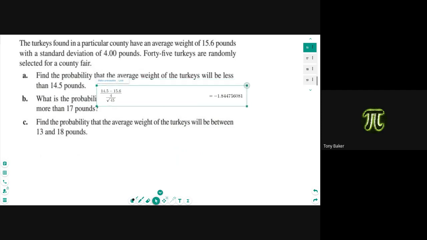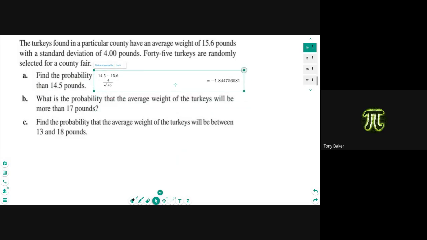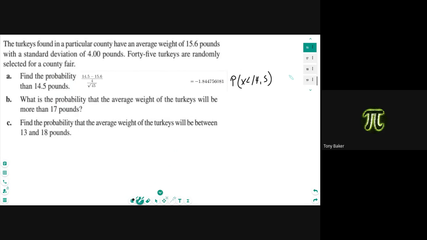Oh, was it greater than? Less. So we got negative 1.84. 1.84 is 0.0329.